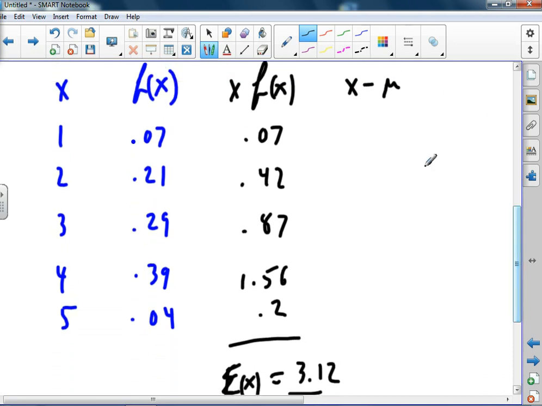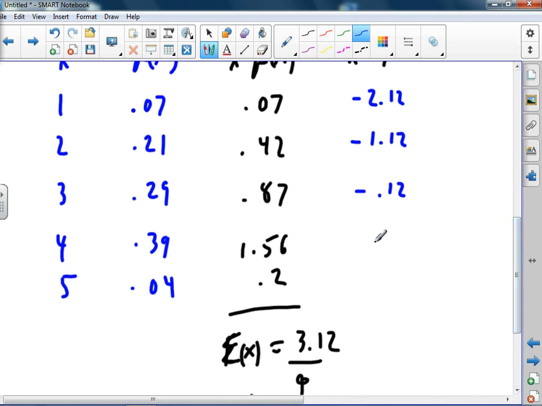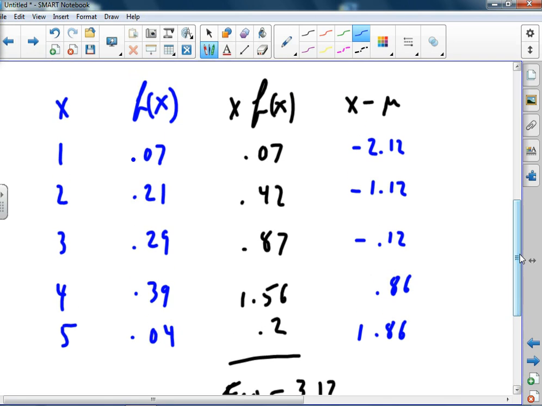Okay, so now we're going to go with the value minus mu, 3.12. So I'm going to have minus 2.12, minus 1.12, minus 0.12, 0.86, 1.86. There. Then I'm going to look at x minus mu squared.